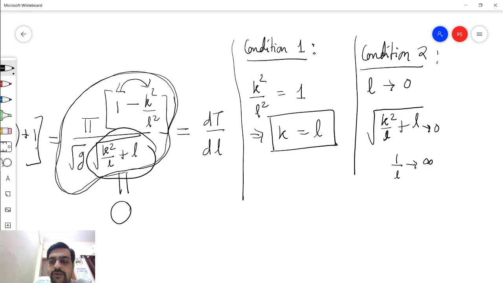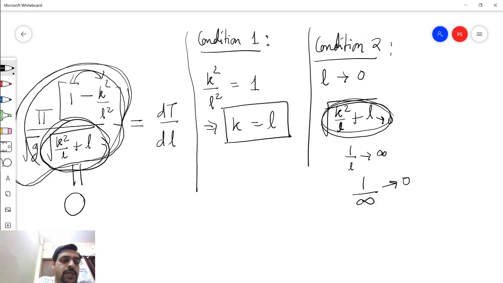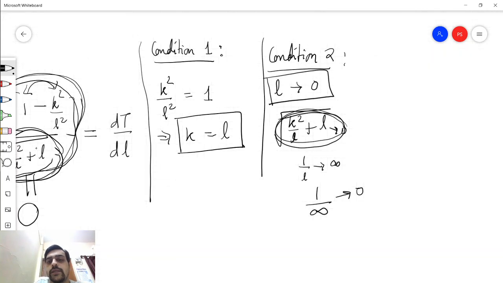So this entire term tends to infinity, and this entire term is sitting in the denominator. So it becomes 1 upon infinity, which again tends to 0. So this entire term now tends to 0. So the second condition is when L tends to 0. Since L tends to 0, it means that point O and point G coincide.